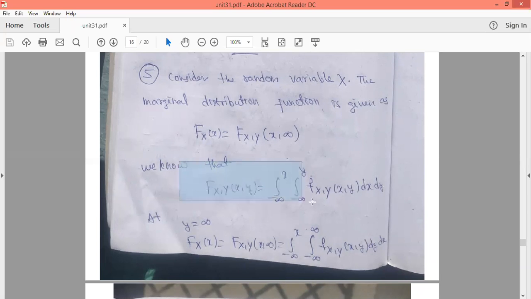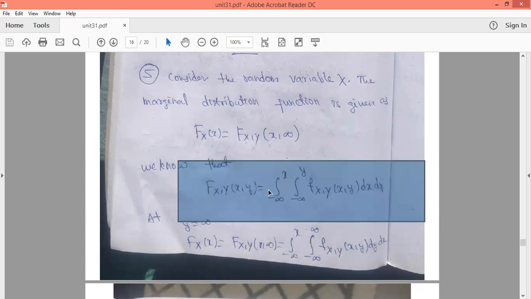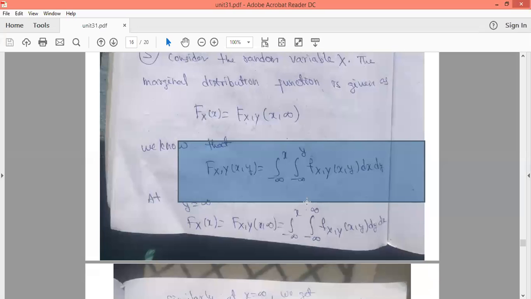And we know that the formula for joint probability distribution function will be equal to the double integral of density function. Okay, in this double integral, what is y term? Y limits are infinity. So Fx of x will be what? The y limit will be infinity. So it is equal to integral minus infinity to x, integral minus infinity to infinity fxy of x comma y dy dx.